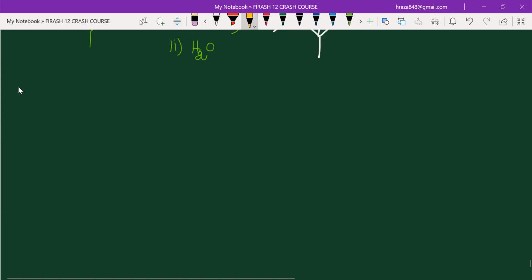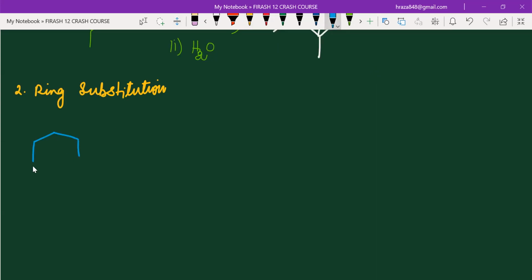Very good. The next reaction and the last reaction of this chapter is ring substitution. And in this ring substitution, you are seeing that this is your carboxylic acid. Do you know what this COOH shows?